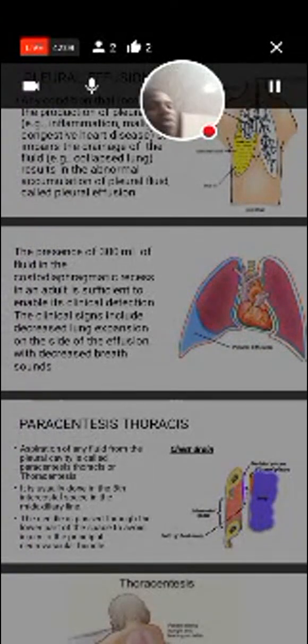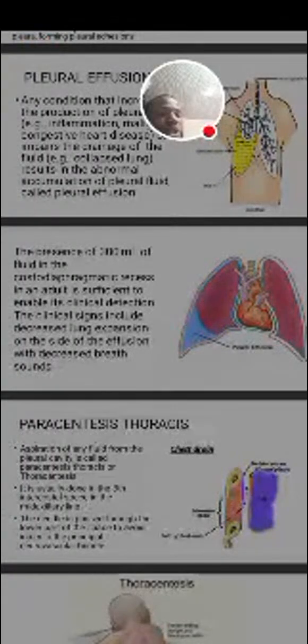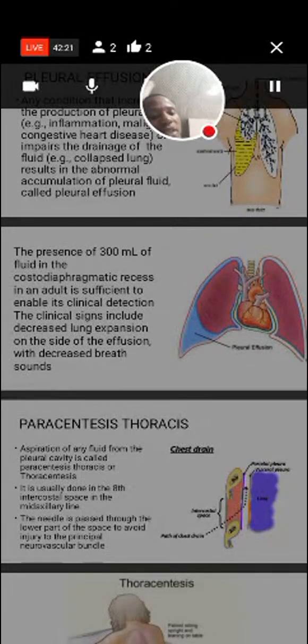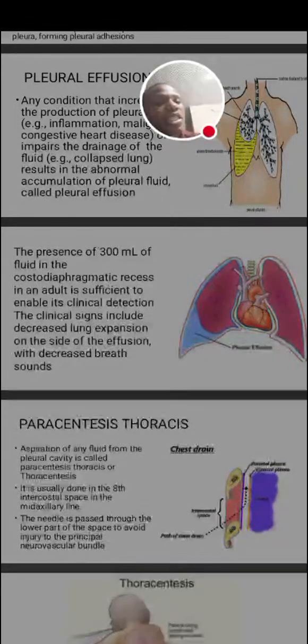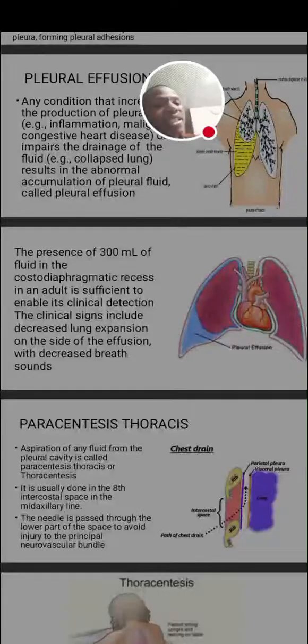Next, we look at the lymphatic drainage for the parietal and for the visceral pleura. For the parietal, we said we have what? The IMDP: IM is internal mammary lymph node, D is diaphragmatic lymph node, I is intercostal lymph node, and P is posterior mediastinal lymph node.